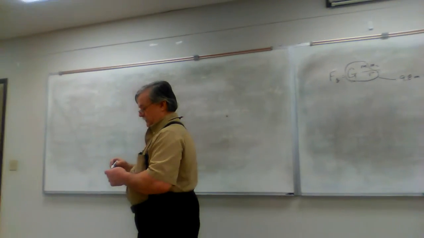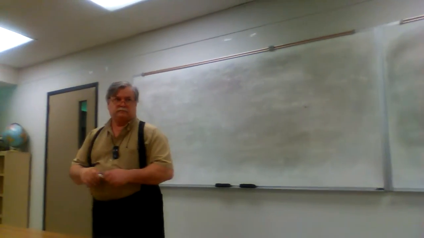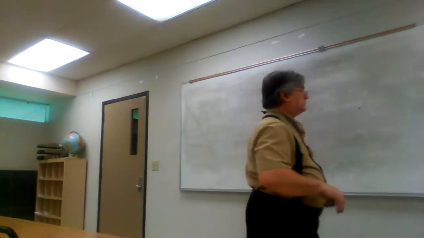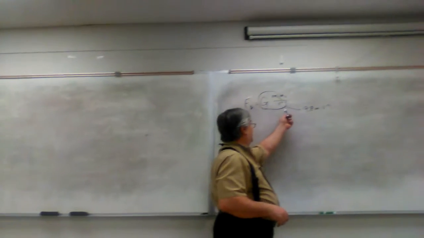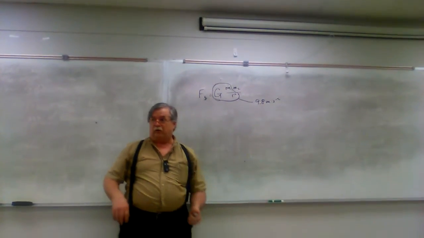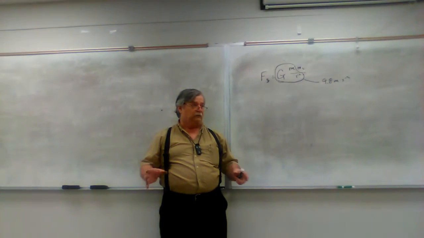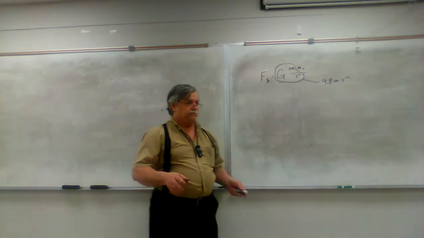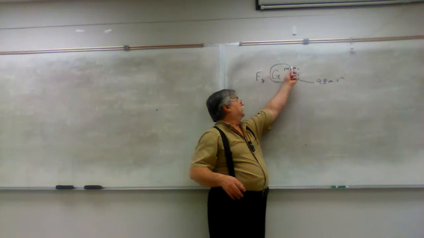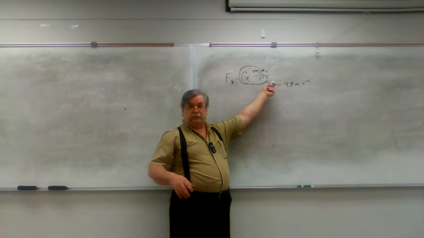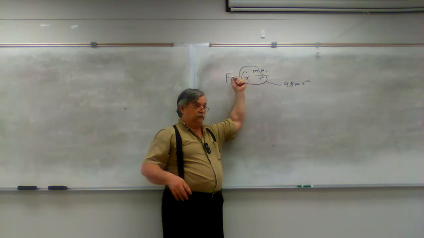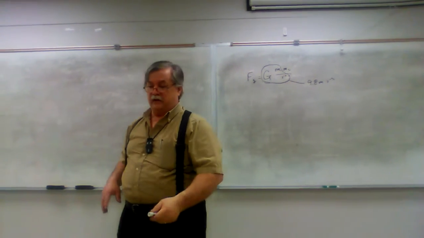Okay? This is how you would calculate the gravitational attraction between any two objects. You just got to know the two masses and the distance between them, and you can calculate the force of attraction due to gravity.